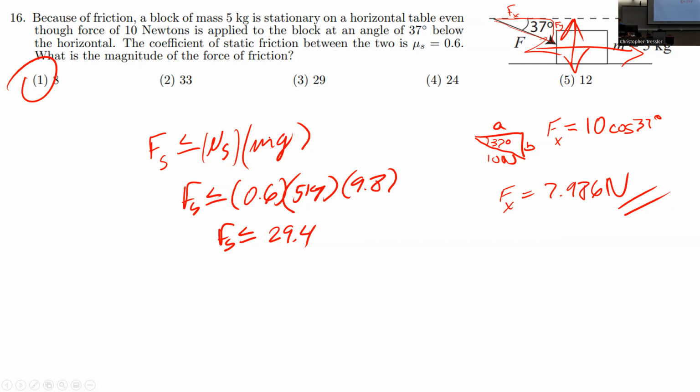That force is going down, so it would actually be 6. So if we do, once again, 37 sine times 10, we get 6. So then that would be plus the 10 that's going down, right? And that would be the normal force.